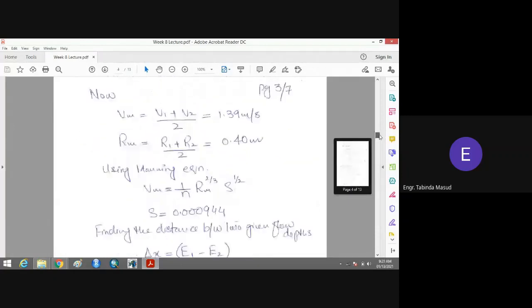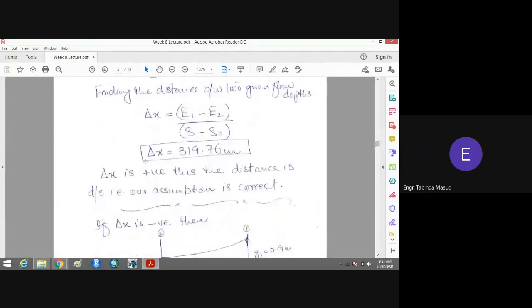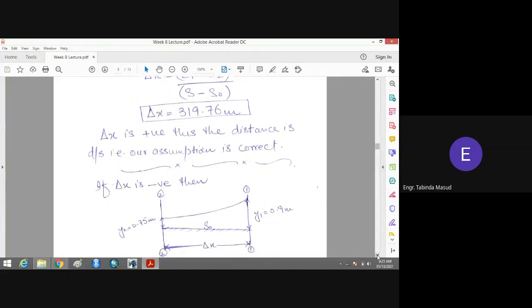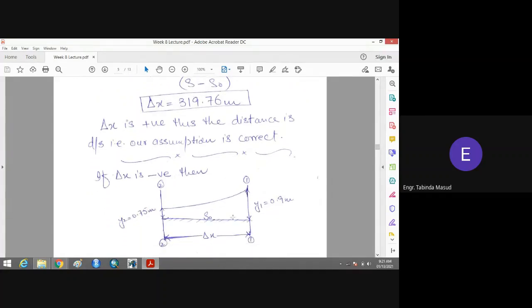Let's suppose I get the value delta x equal to minus 320 meters, then you will say that your assumption was wrong, and this will be your actual figure. In this figure you can see that I have taken y2 at the upstream and y1 at the downstream.